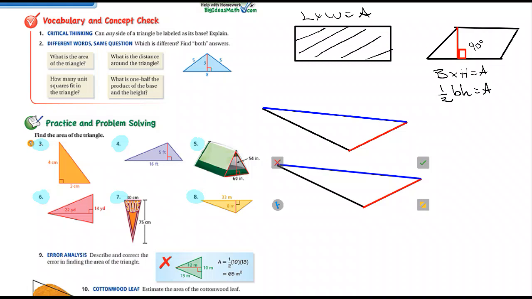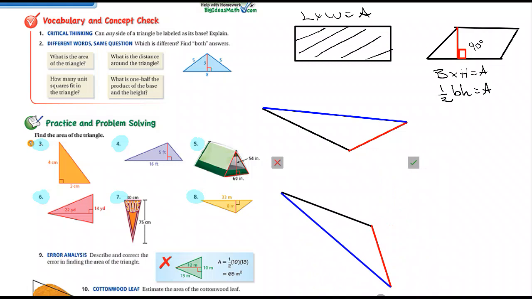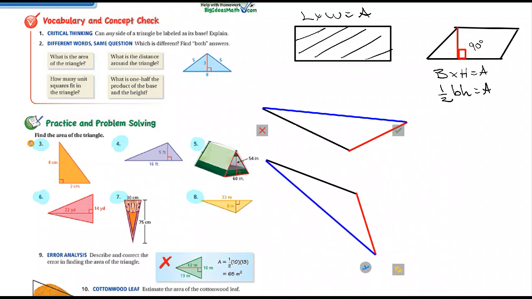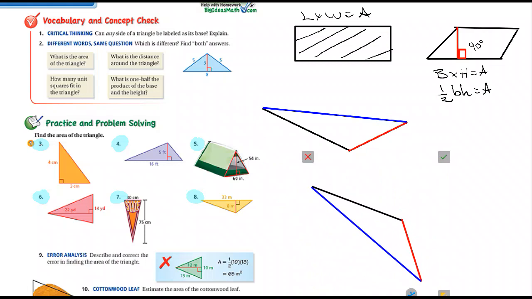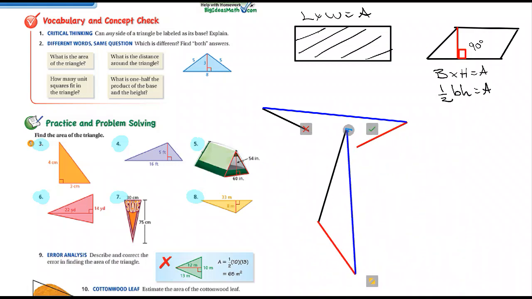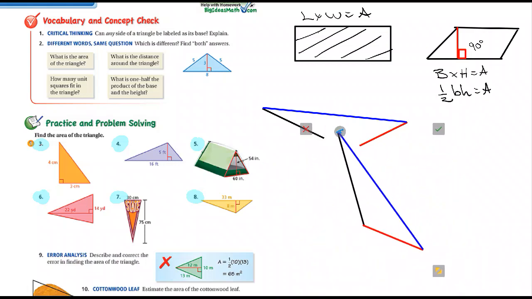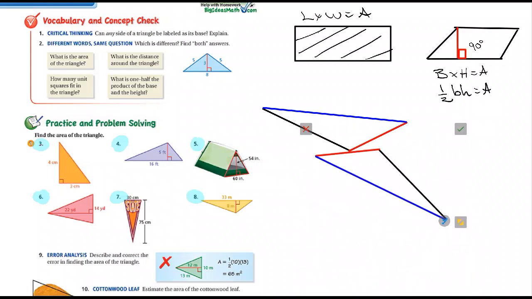Well, let's see here. What if I was to rotate this, if it'll cooperate? Okay, that's kind of close. Oh no, that won't work. Maybe I have to rotate it the other way. Rotate it all the way around the other way.